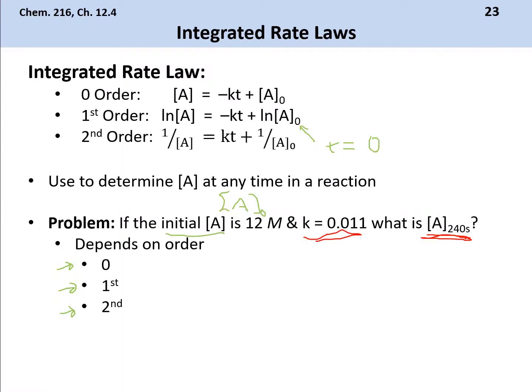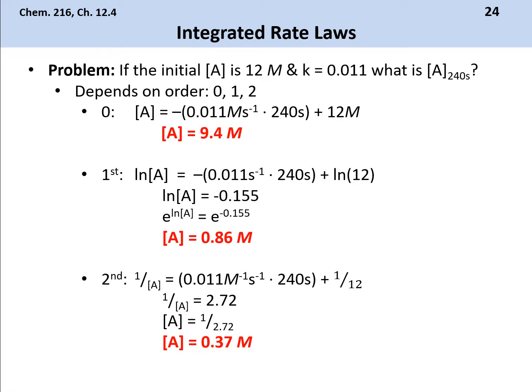Here is the summary of those calculations. Notice in each one we use a different equation based on whether it's zero, first, or second order, and I get different concentrations after that 240 seconds.